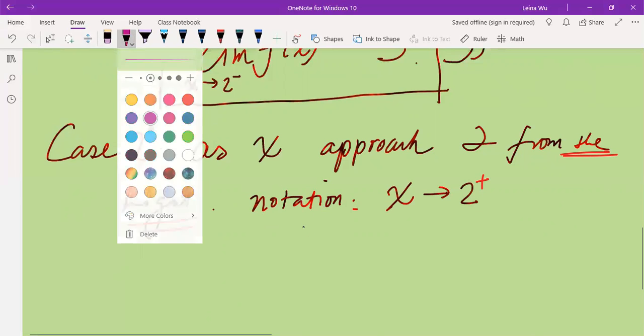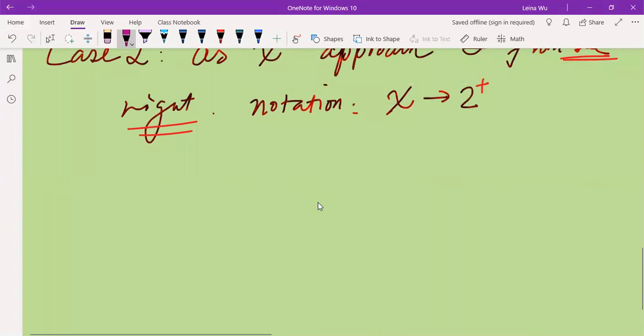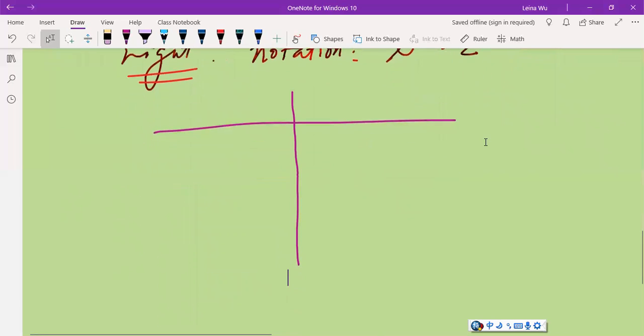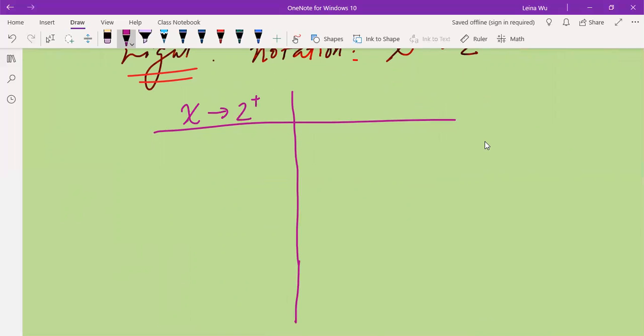Okay, same thing. Let's go ahead and construct a table. This table now observes the x, which is approaching 2 from the right, and we're looking at the function value y equals f of x. That is still the same function, x plus 1. How is this function behaving?